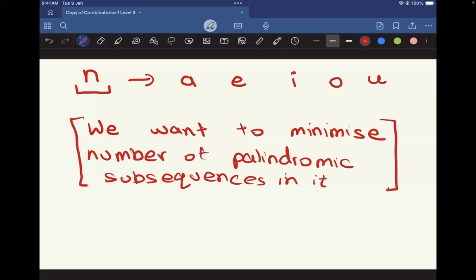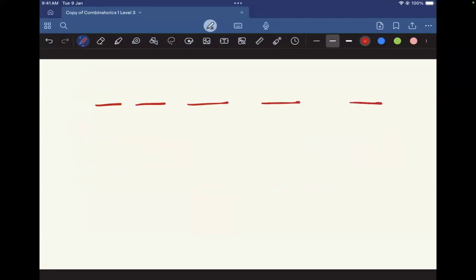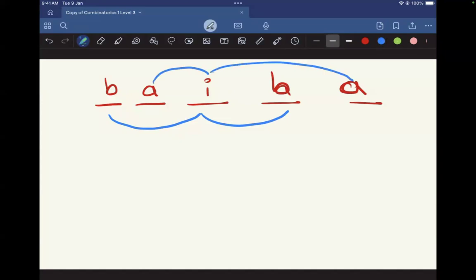So the solution is very direct, but let's try to build the intuition and the proof of why what we are thinking is the solution. So guys, what does a palindromic subsequence mean? Let's say I have A, I, A, B, and C. Do you see that BIB is a palindromic subsequence and AIA is a palindromic subsequence?